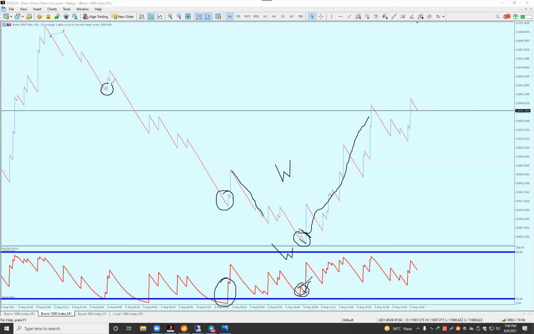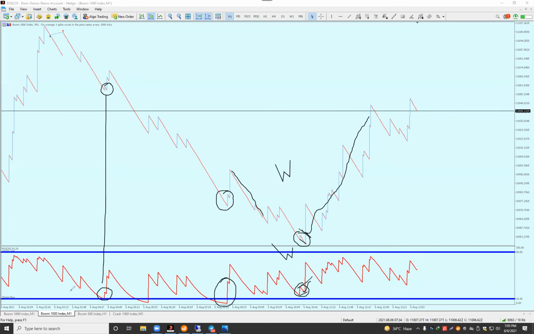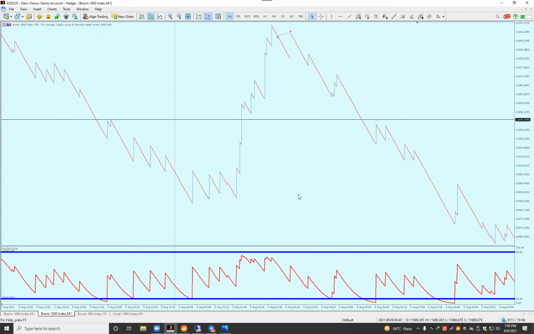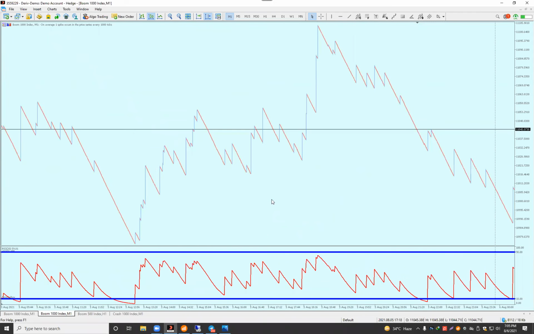You found here it's a W on the price, but see, this W is not confirmed, right? So this will not work for you. So identify the correct sign of the W and then enter, then definitely you will get the profit. If you go backside and look, you will find the same thing again and again, many times.